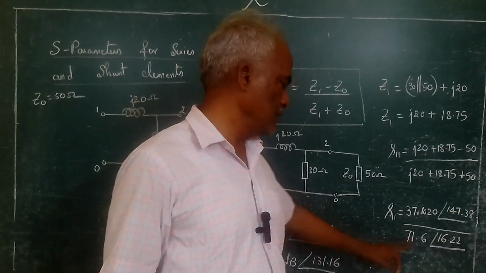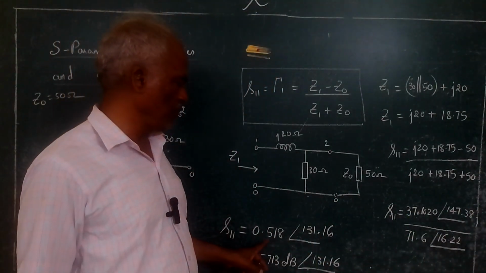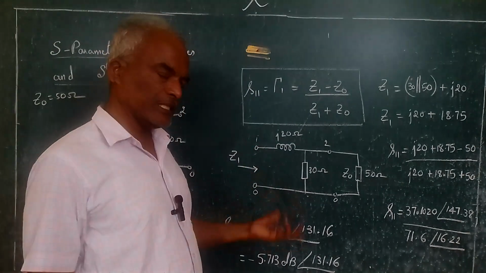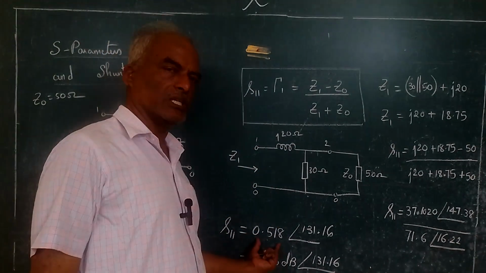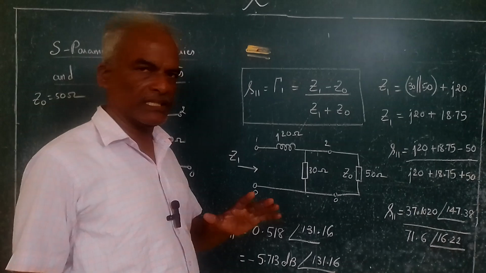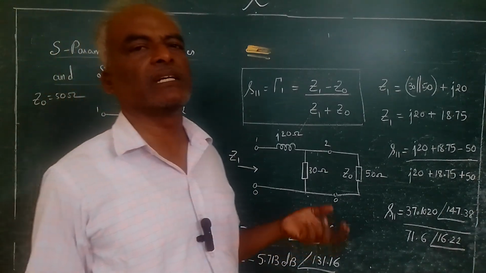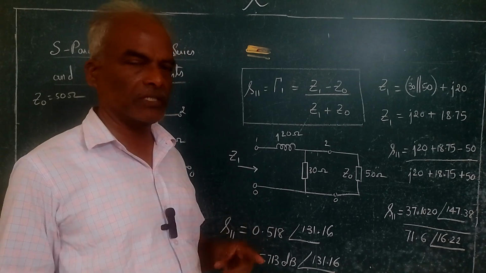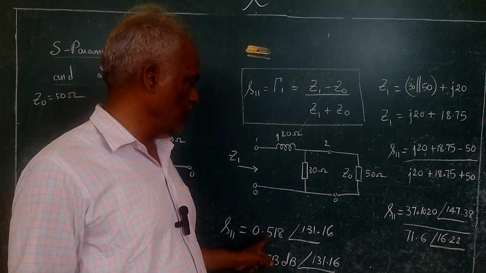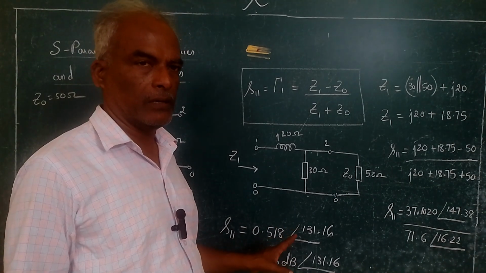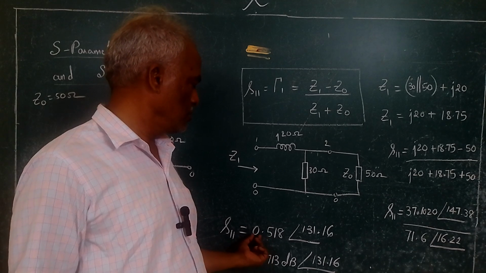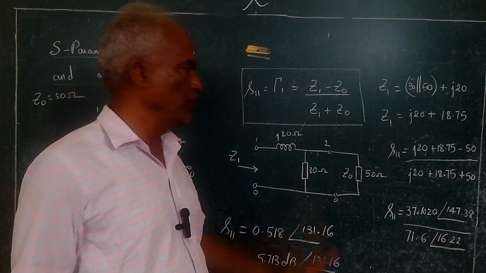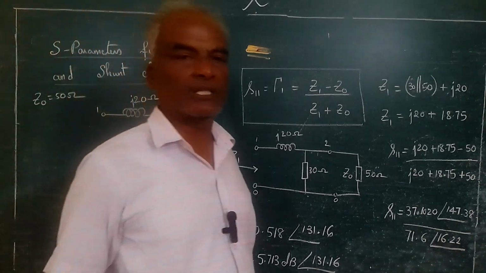The result is 0.518 angle 131.16. This itself is the answer, but if you want it in decibels, you compute 20 log 0.518, which gives minus 5.713 dB. So this is the answer for S11.